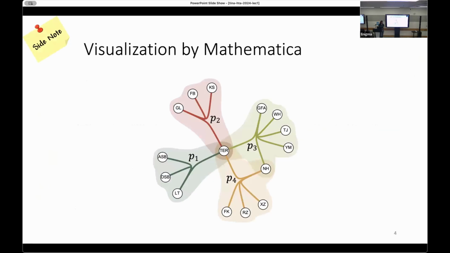Since yesterday there was a discussion about visualization, this visualization is by Mathematica. I don't get anything from Wolfram for pitching Mathematica. I will also have a QR code at the end of my talk where you can download the slides. I created this really quickly, and I think it looks fairly nice.